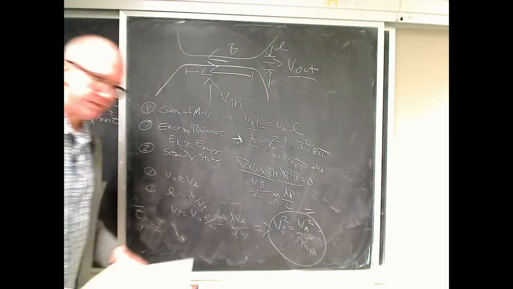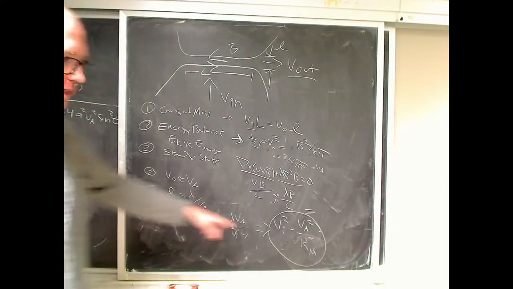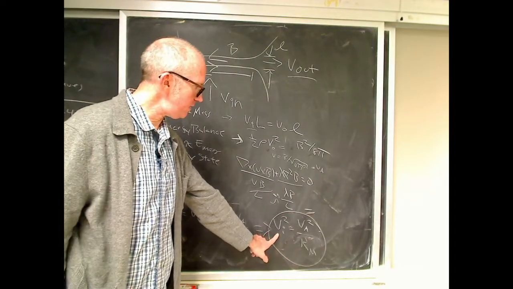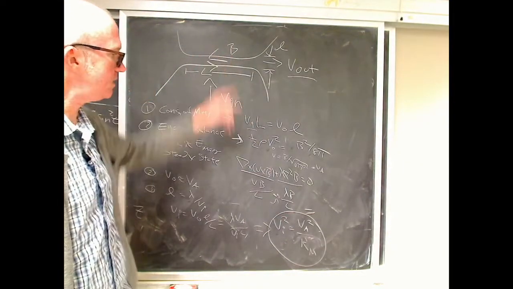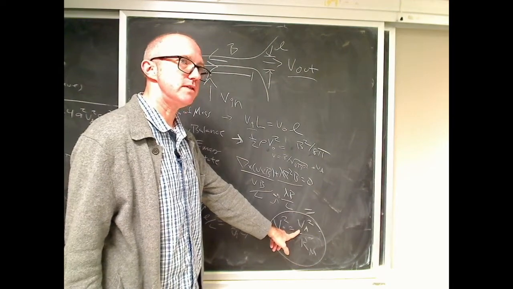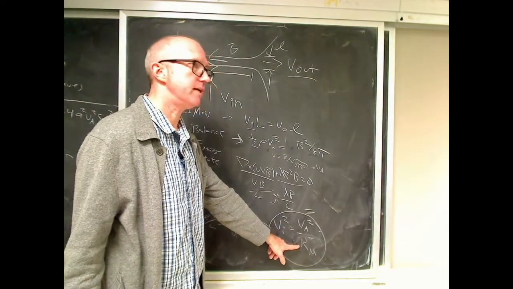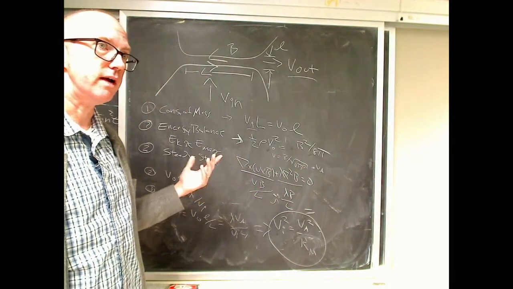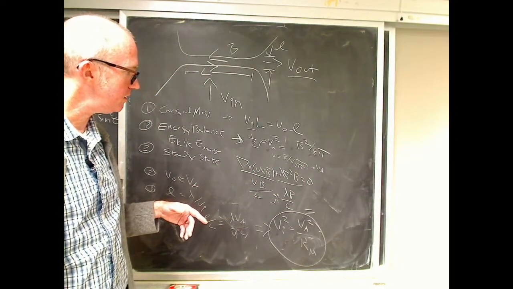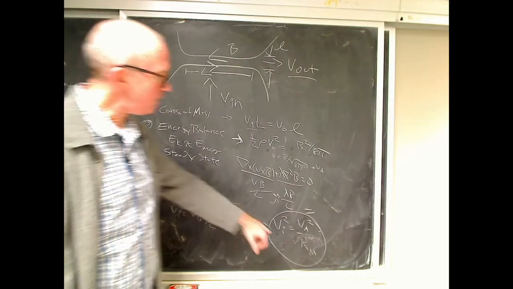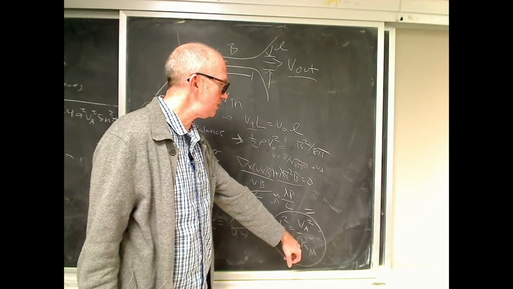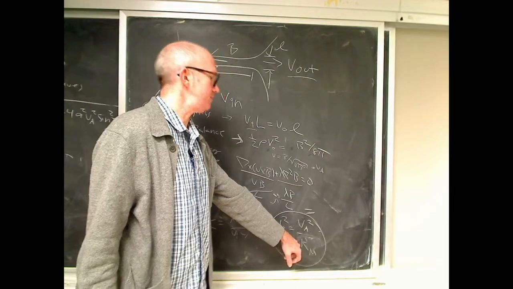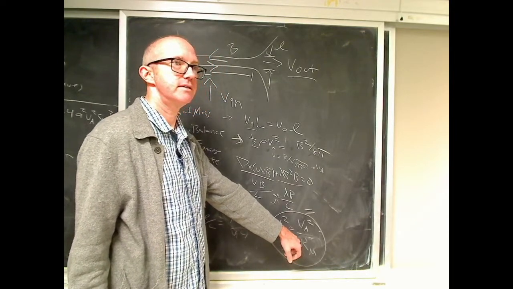So what this says, this is the Sweet-Parker reconnection rate, is that VI, the inflow velocity, is equal to the Alfvén speed, so this is how strong the field is, divided by the square root of the magnetic Reynolds number. That's how fast you're smashing things, or how thin you can make the current sheet. Now, the magnetic Reynolds number is something like 10 to the 6 for the sun.